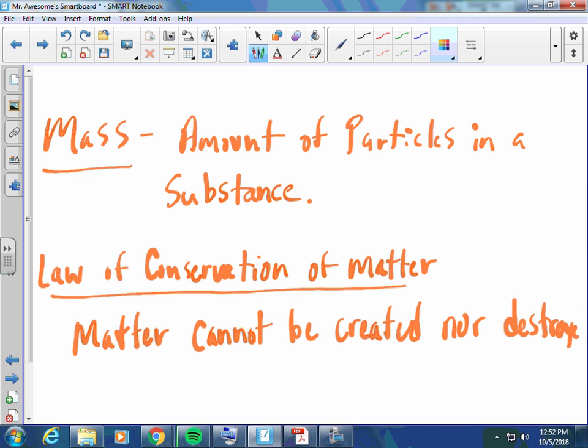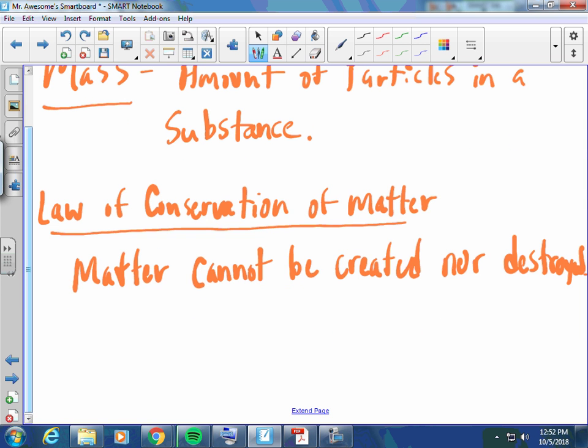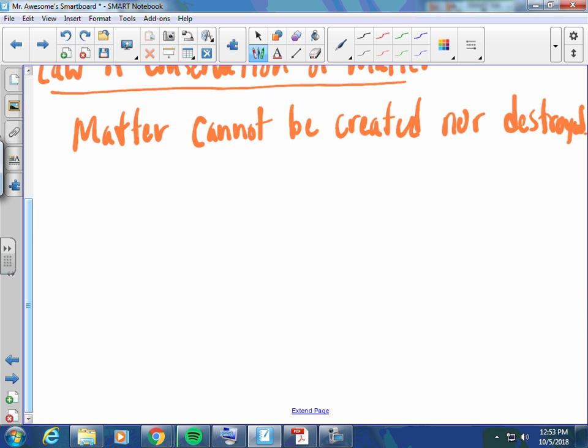Okay, so if I was doing a model, like they had the ice melting into a liquid, this is what we're talking about here. So I do a before and an after. So we have ice melting. We're going to have the before. We're going to have the after.